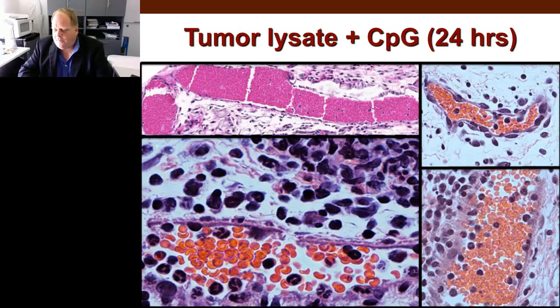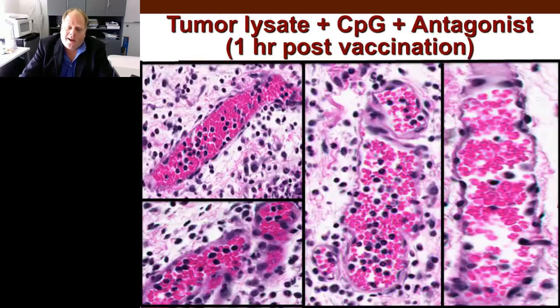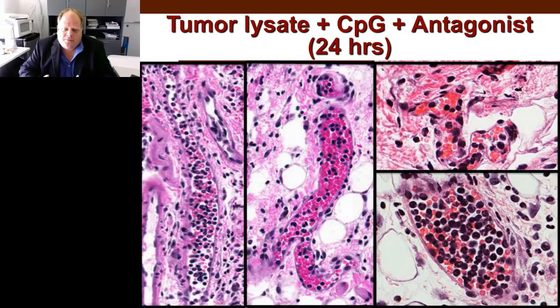We're phenotyping these now when you give the mice the tumor lysate. However, 1 hour with our antagonist, you see a significant increase of lymphocytes infiltrating in the vaccine site. 24 hours later, this is just chock full of leukocytes.